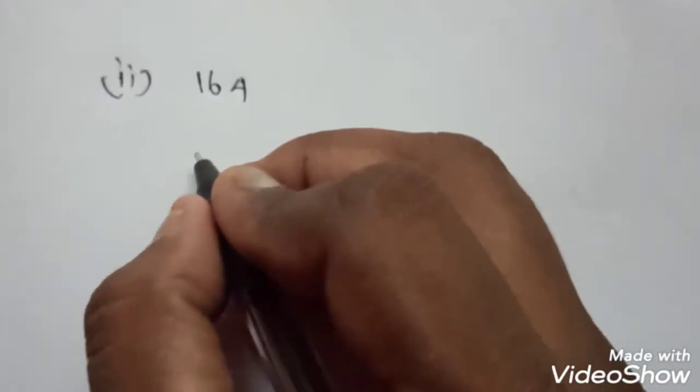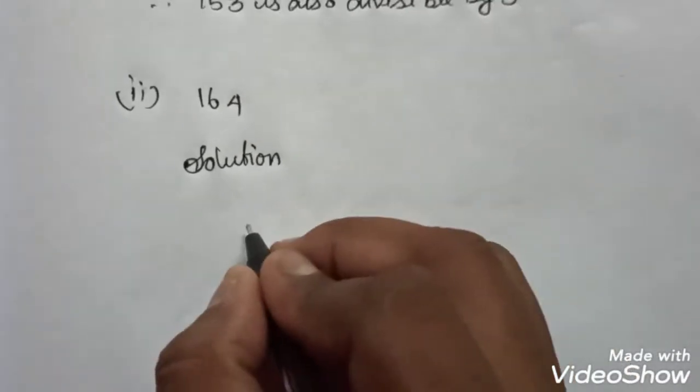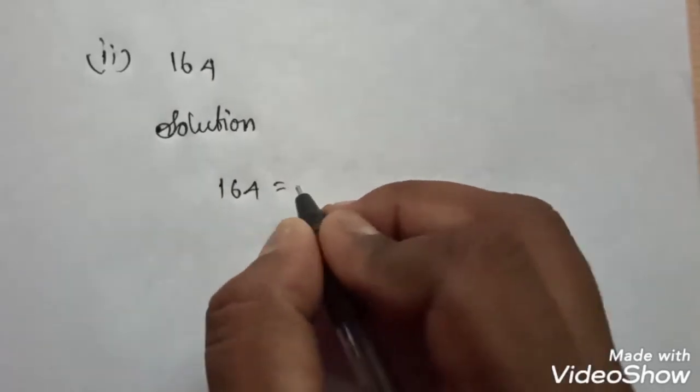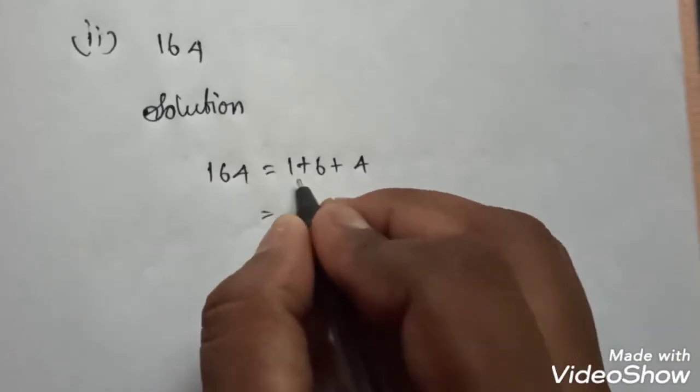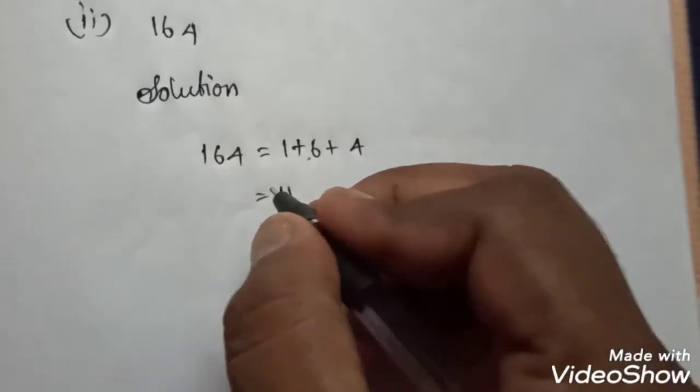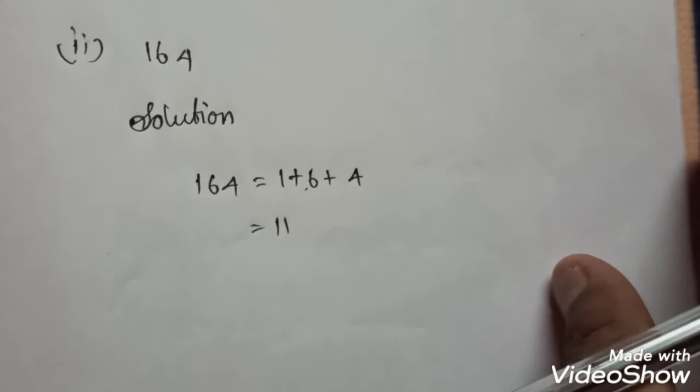The same way I check the second question, 164. Solution: 164 gives 1 plus 6 plus 4. 1 plus 6 is 7, plus 4 is 11.